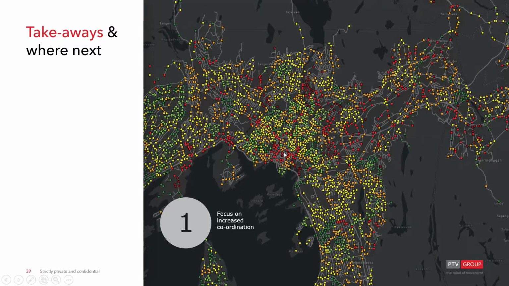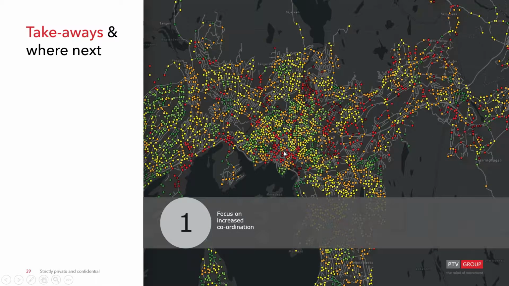So let's look at the takeaways from this study. The first big takeaway that we had was there has to be a focus on increased coordination, and that coordination is between stakeholders, which might be technology companies, private sector, and of course politicians as well.